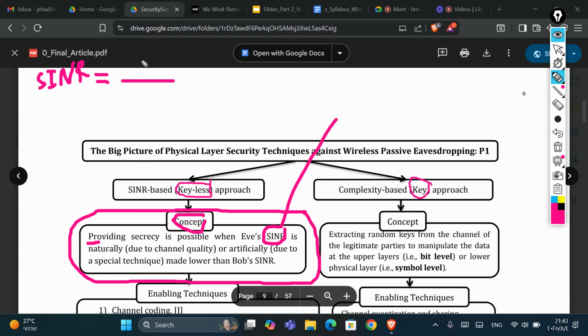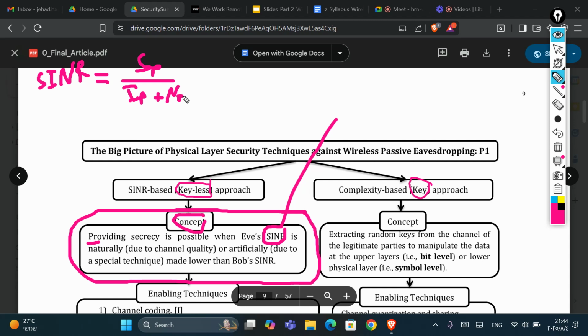In the numerator we put the signal power, P. And in the denominator we put what? The interference power, I, plus the noise power. So signal power over interference power and noise power.